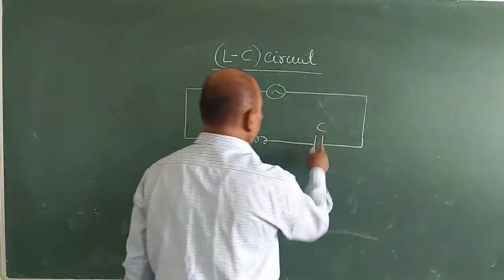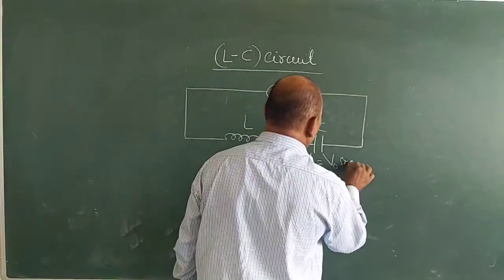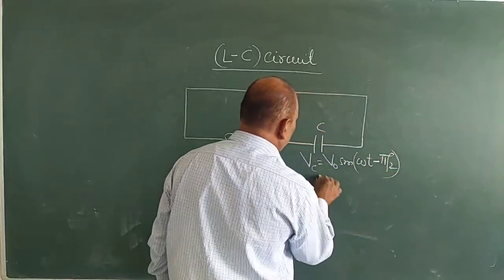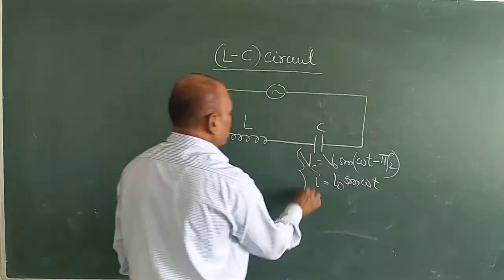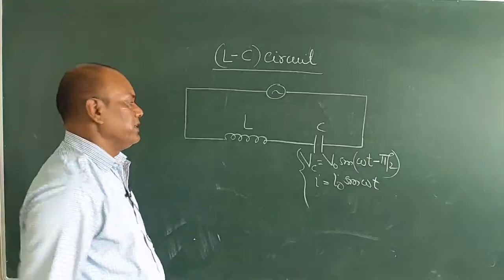Now, in the case of a capacitor, we can say VC is equal to V0 sin(omega t minus pi by 2) and I equal to I0 sin omega t, because voltage lags behind the current by 90 degrees.